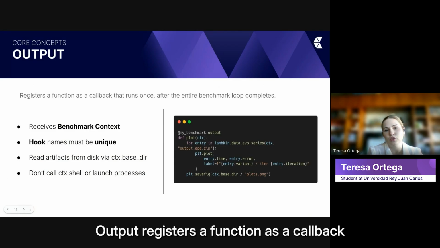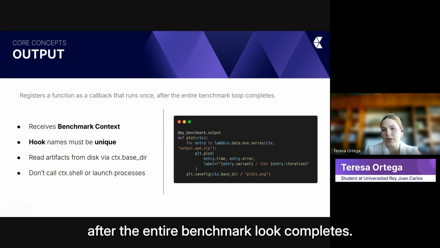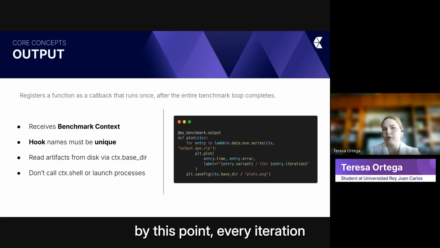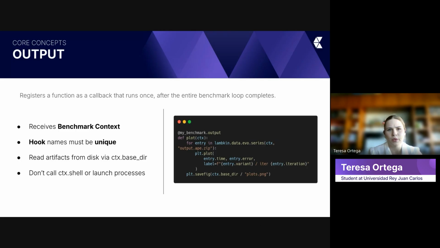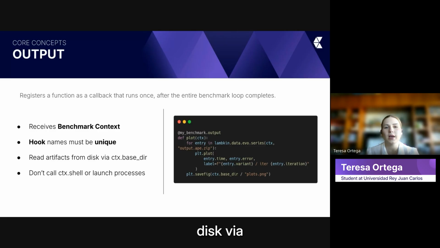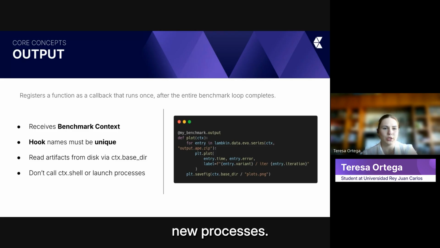Output registers a function as a callback that runs once after the entire benchmark loop completes. It receives the benchmark context, not a variant or iteration one, since by this point, every iteration has already finished. Hook names must be unique. The convention is to read artifacts from the disk via context.base, not to call context.cell or launch new processes.